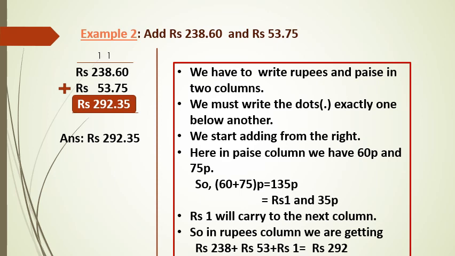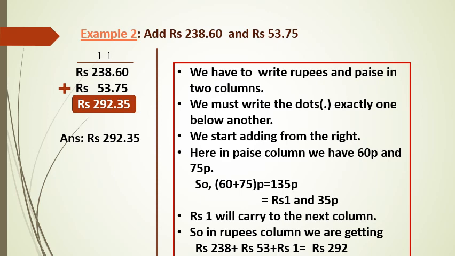Girls, rupees 238.60 means 238 rupees and 60 paise. Just like that, rupees 53.75 means 53 rupees and 75 paise. So we have to write rupees and paise in two columns.